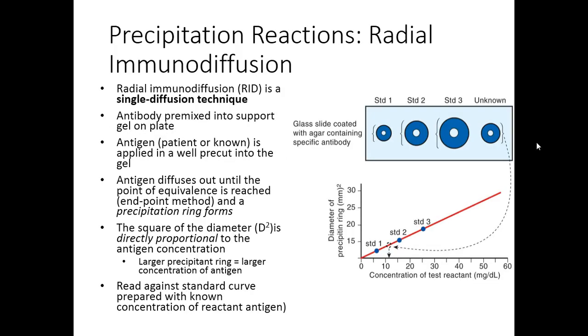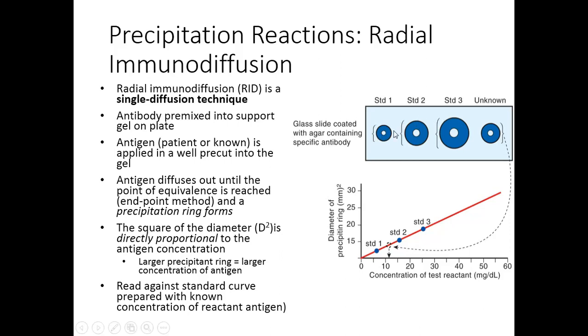So let's quickly look at radial immunodiffusion. It's a really interesting technique. This has no electrical current, as I said, to speed up the process. We have a glass slide that's coated with an agar solution. It's got antibody pre-mixed into the gel, and it's spread on the plate.